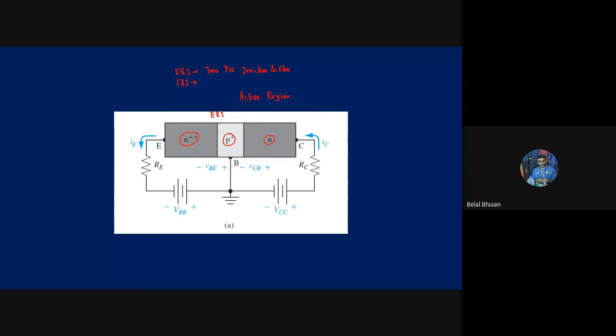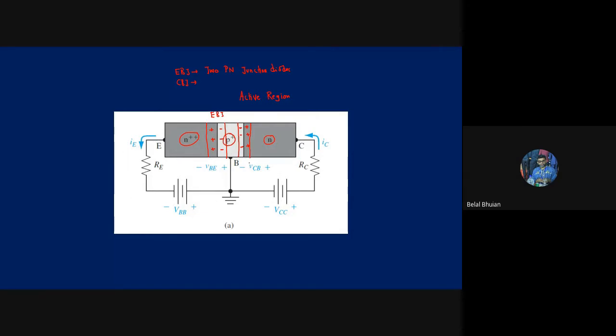Imagine there is a depletion region, with exposed negative ions on the P side and exposed positive ions on the N side. Similarly, the collector-base junction has another depletion region, with exposed positive charge on the N side and exposed negative charge on the P side. EBJ is forward biased: the positive terminal is connected to the P side and the negative terminal to the N side.